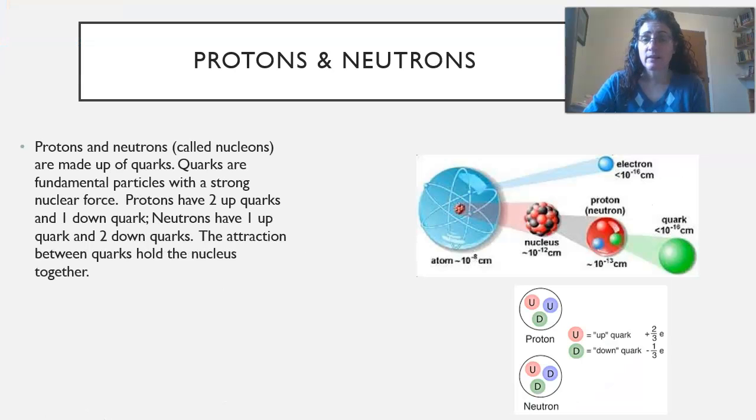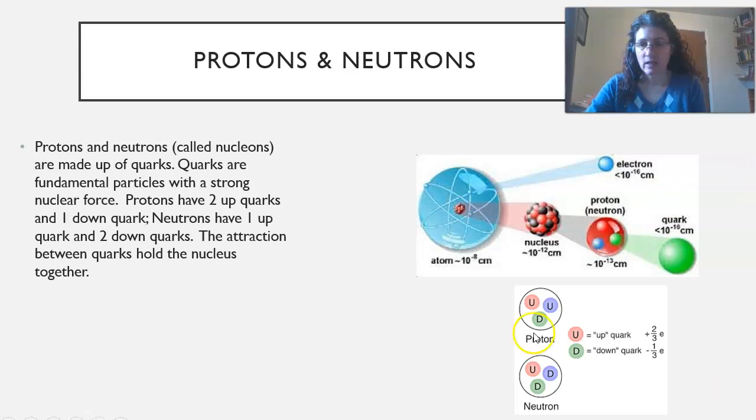But that's the funny thing about neutrons and protons: they're called nucleons because they're made up of quarks. This took a while to discover, so this is a newer idea. Quarks are the fundamental particles that have a strong nuclear force, and that's what brings the nucleus together.